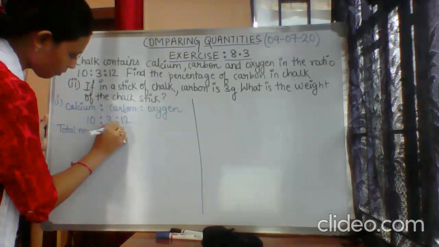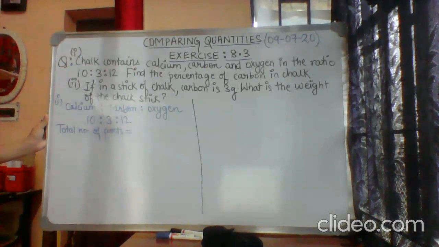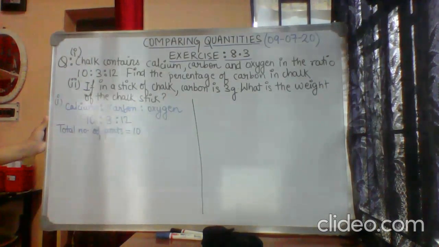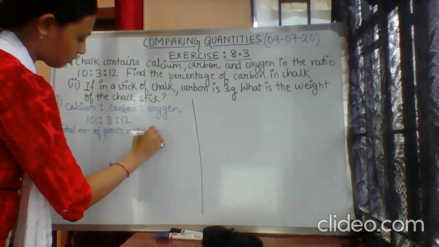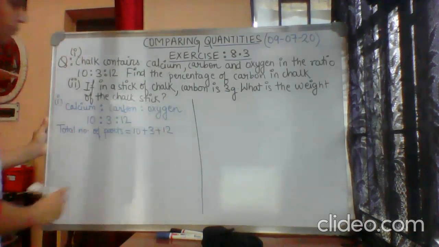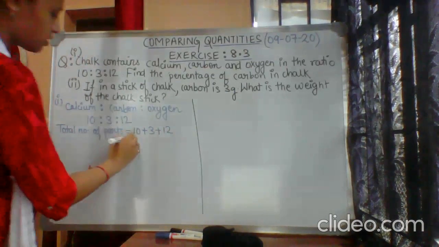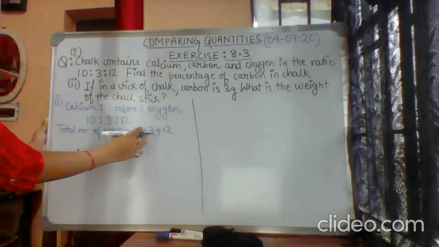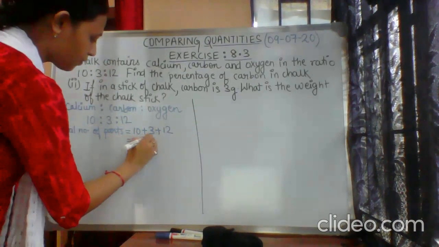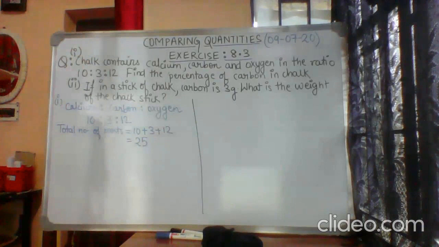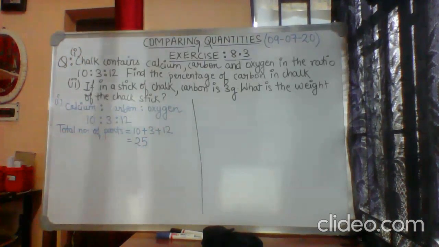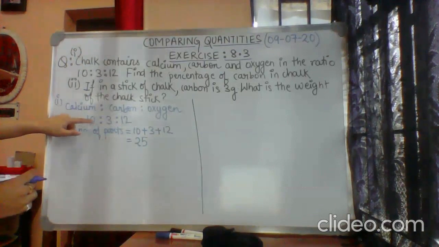The first part of the ratio is 10, plus the second part is 3, and the third part is 12. Now how much will it come? 12 plus 3 is 15, 15 plus 10 is 25.